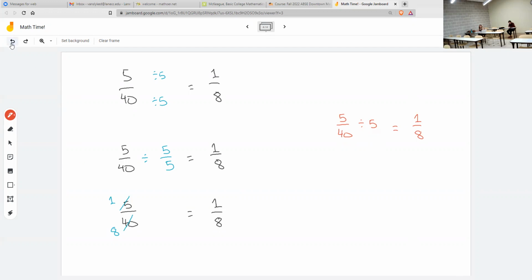So you can't write, let me make my big ugly marker, just a single divided by 5 to mean reducing. You have to do one of these 3 methods. They are all good ones to do. I haven't seen this problem yet this term, but every now and then we get someone that tries to do the one you're not allowed to do.